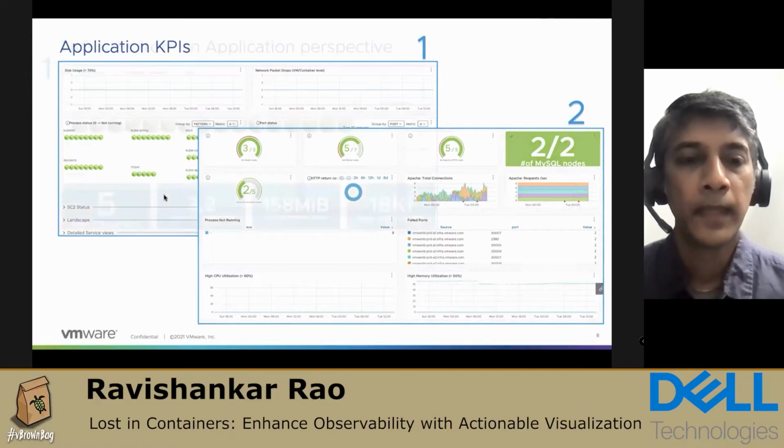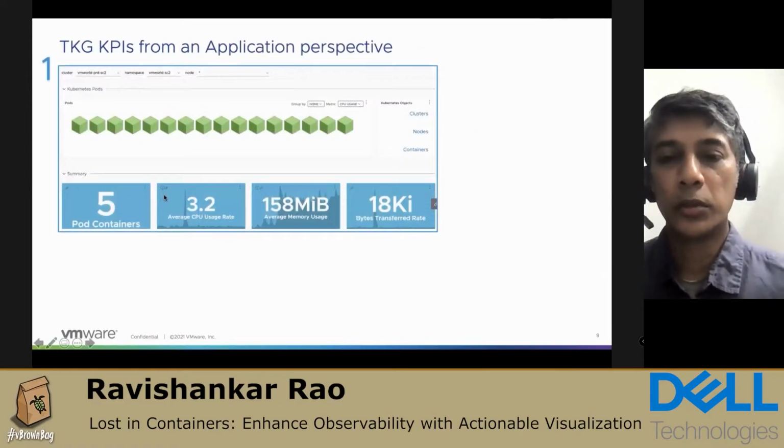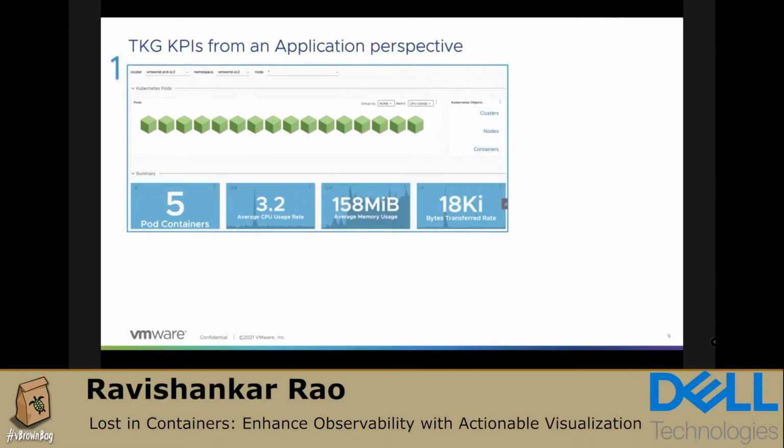Now, all along we saw this from an application owner standpoint, but now we shift our focus to the platform, or the TKG, the container ecosystem. So from a container perspective, I want to look at how the ecosystem is behaving with respect to that particular application.